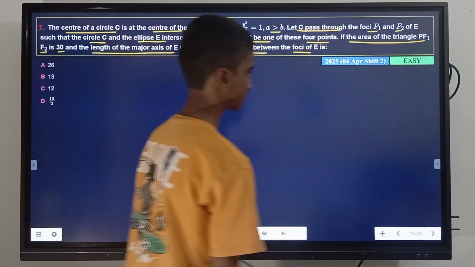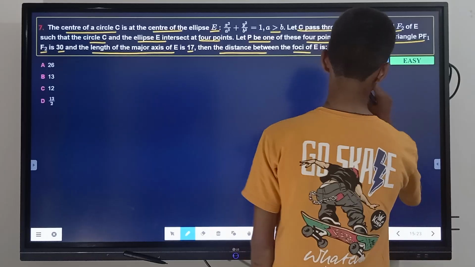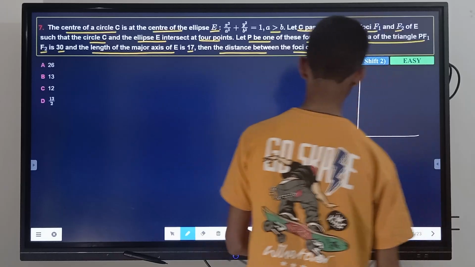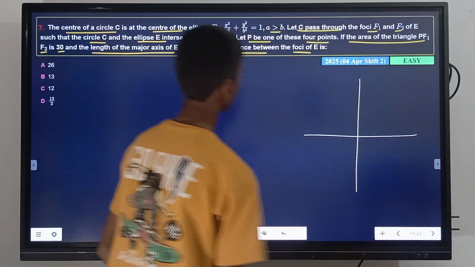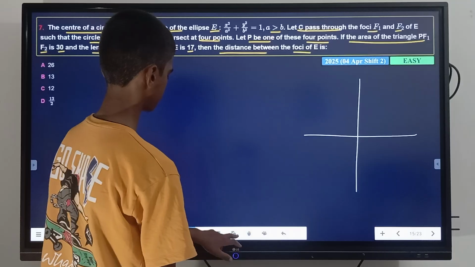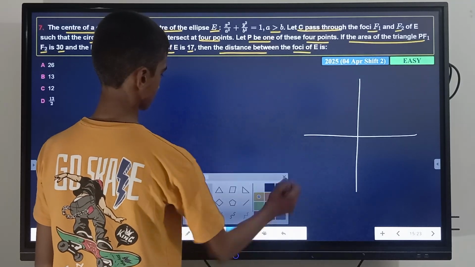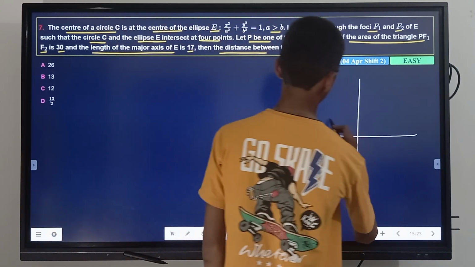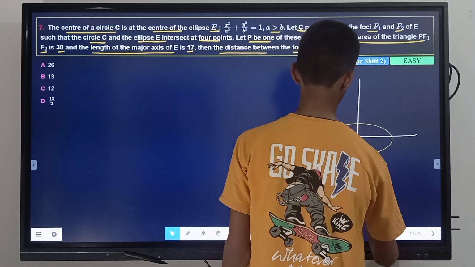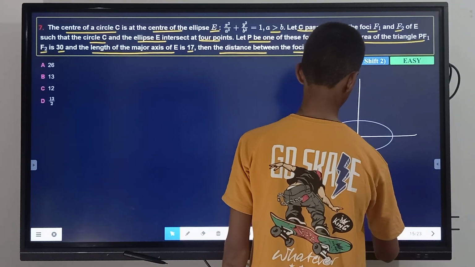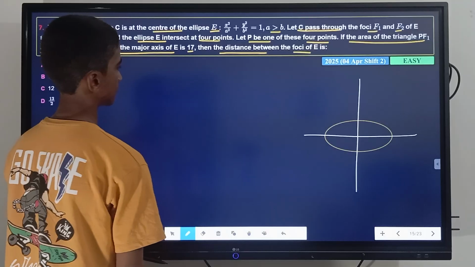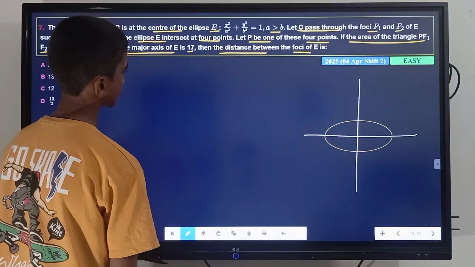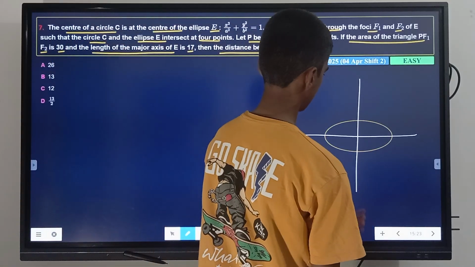So first let's plot a curve. Here is our ellipse, and our circle C has the same center as ellipse E. So this means the center is (0, 0).